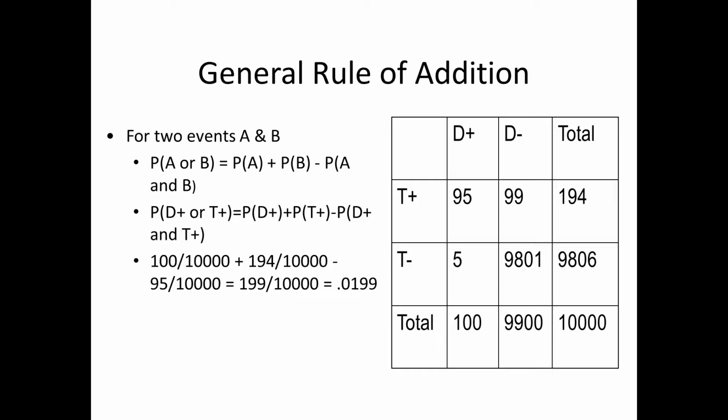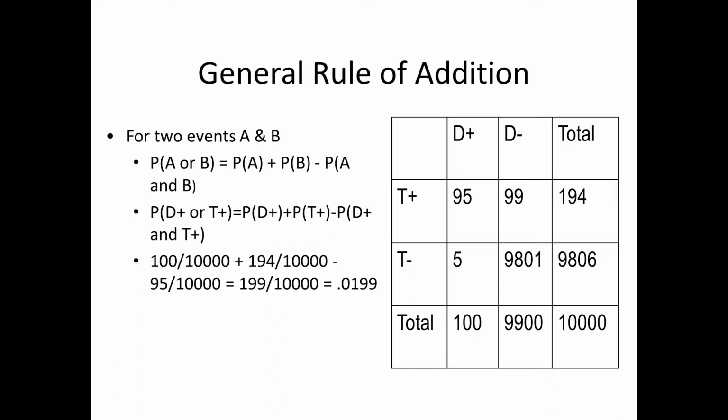What's the probability that a person is disease positive or that they test positive? Well, to get this, you take the probability that a person is disease positive. That would be 100 out of 10,000 people, and you'll see that number in the last bullet. To it, you add the probability that a person tests positive, and that's 194 out of 10,000 people.